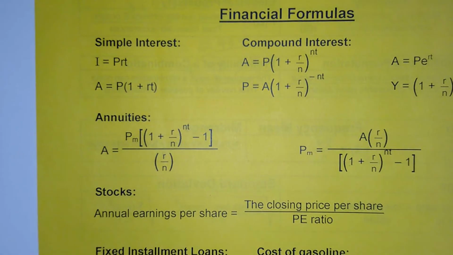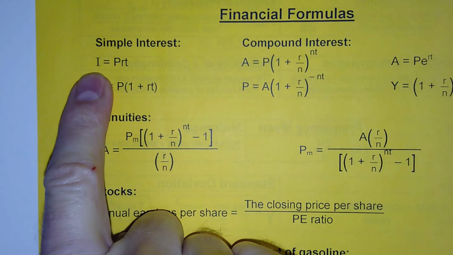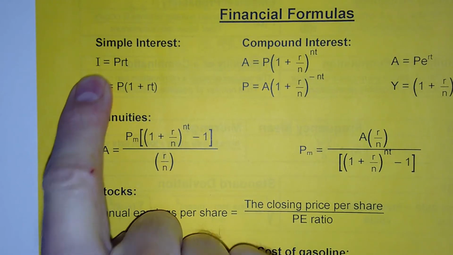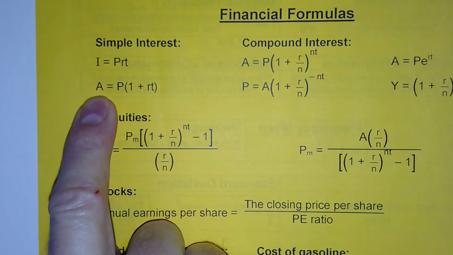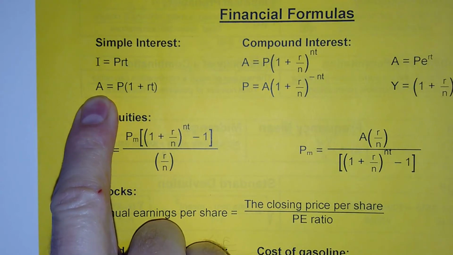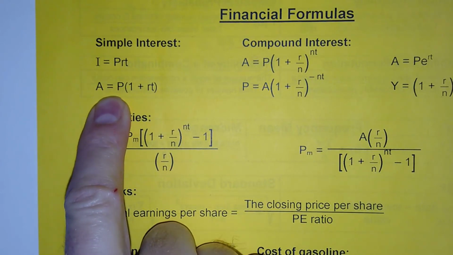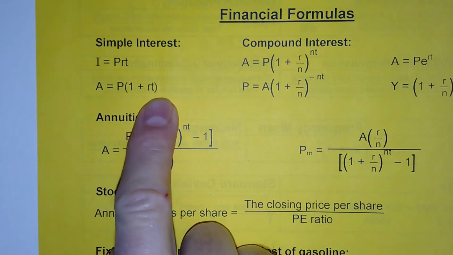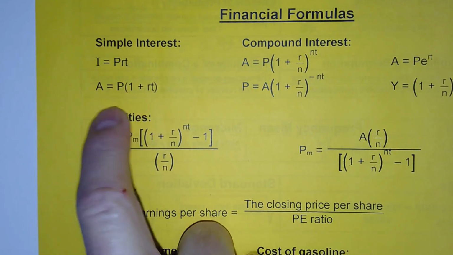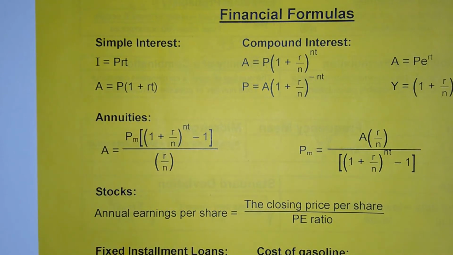If we look at the first one, that's if we had the interest, and the second one's if we have the total amount. Well, in our problem, we know he paid $4,410 back, so we actually have A. We know what the principal, P, is, that's the $3,500, and we know that T is 1 year. So we want to be using the second formula here to solve for R.